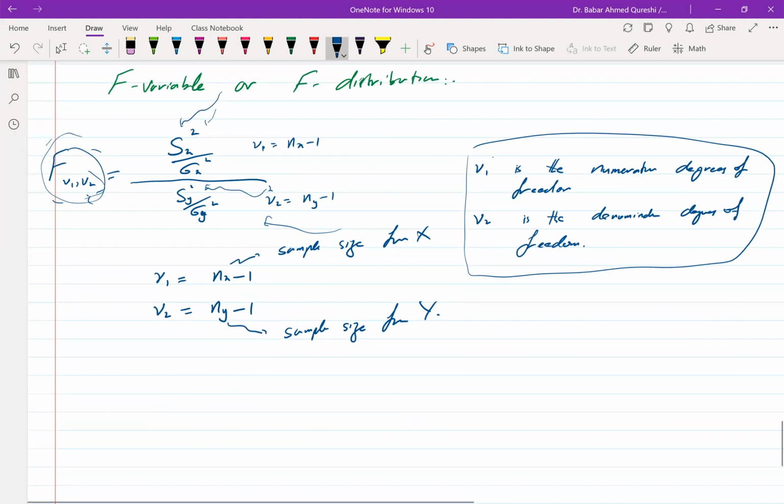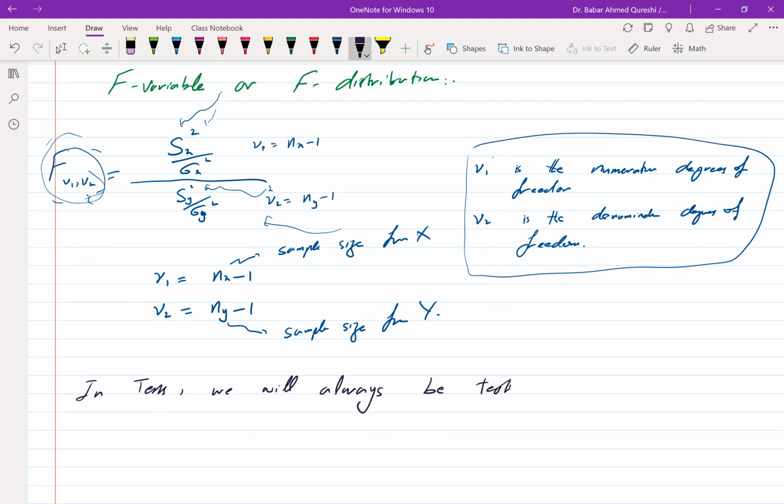Now, when we will be doing the tests, we will always be testing the equality of the two variances, of the two population variances.